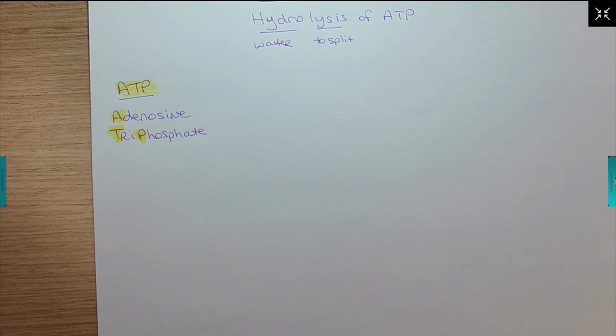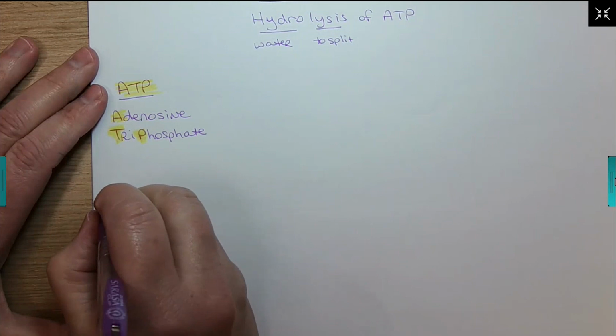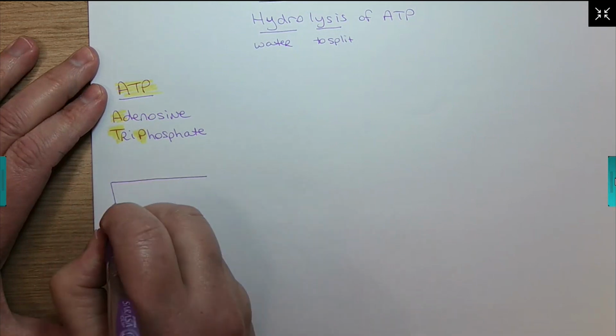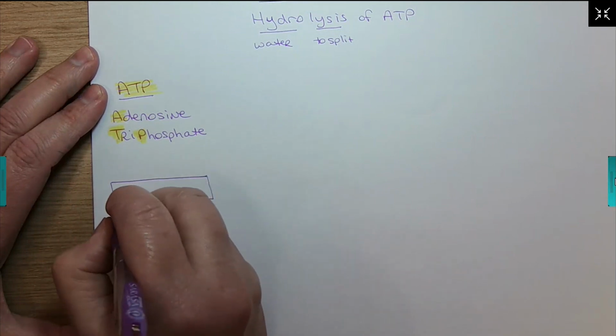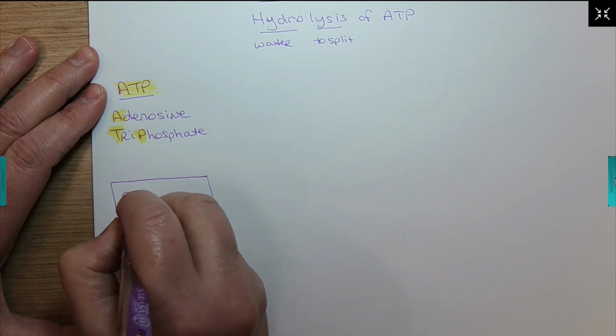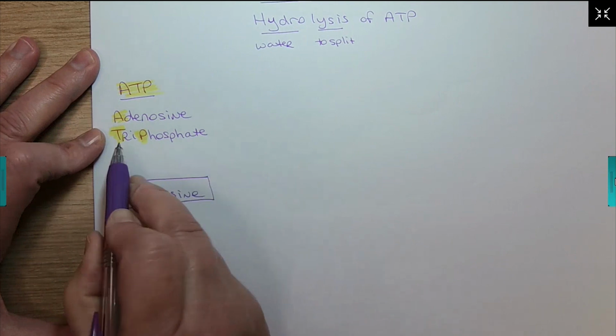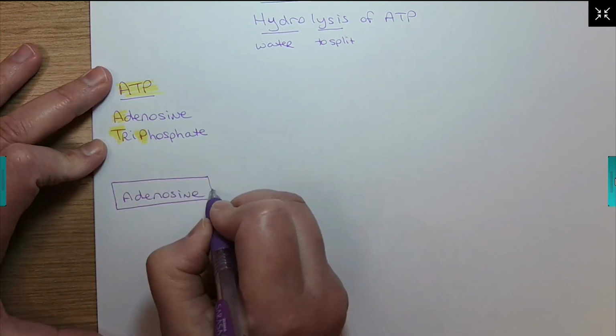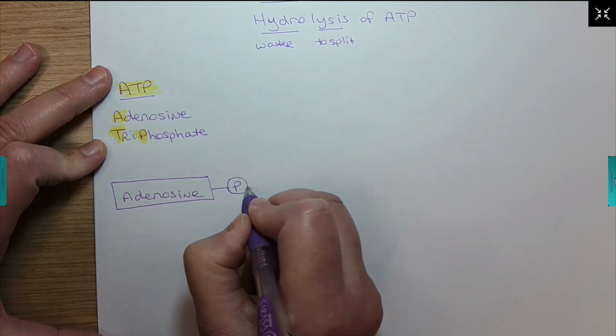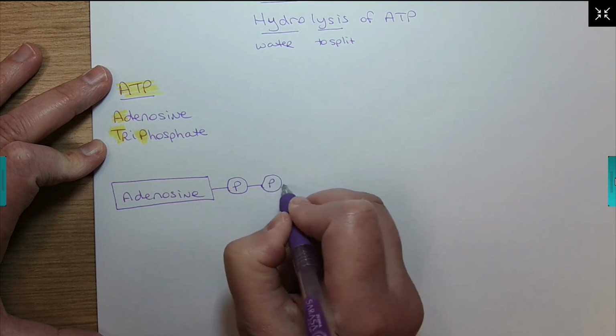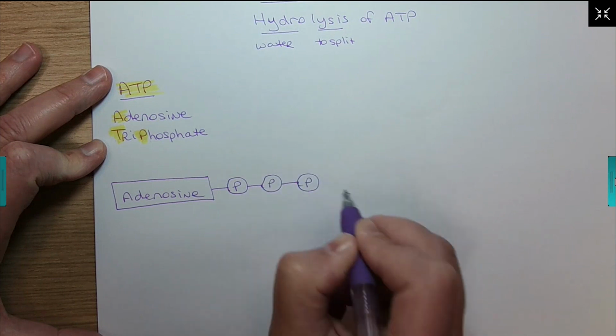Now I'm not going to draw the chemical structure of ATP. We're going to shorthand a little bit here. So this is the adenosine part of the molecule. And it's got 3 phosphates attached. So we're going to have a phosphate, and a phosphate.